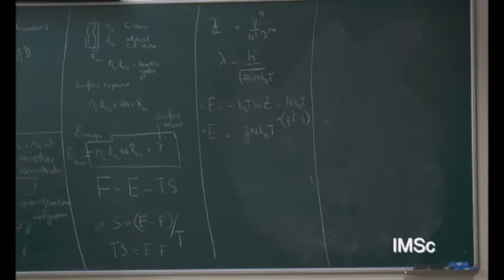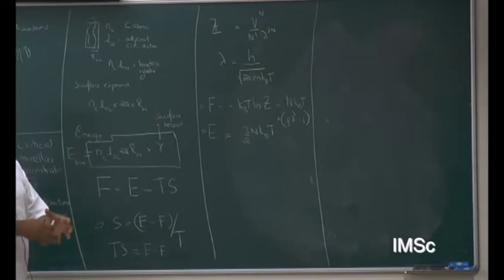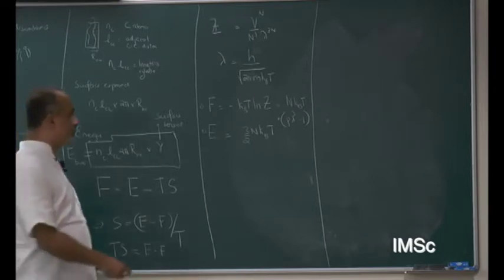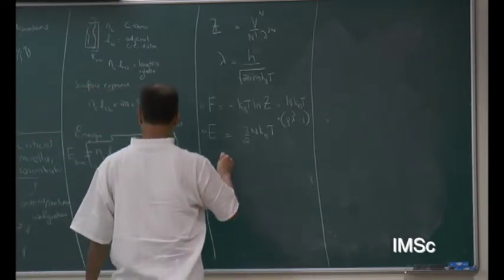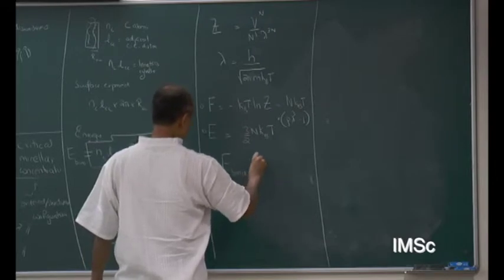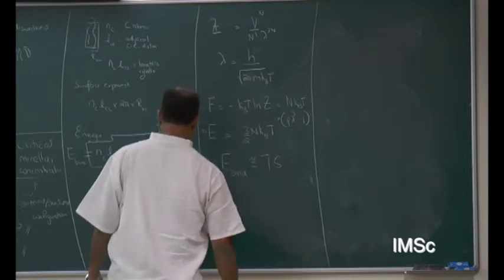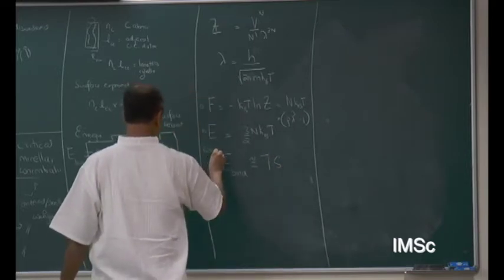Since my zero of energy is a completely bound state, the way I can estimate the competition between the energy gained due to being in that confined state versus the entropy gained by being separated is by setting E binding approximately equal to the entropy term T times S. So this is a condition.